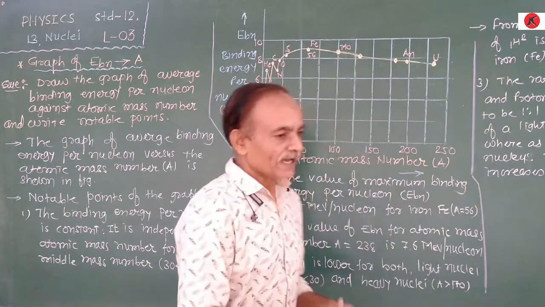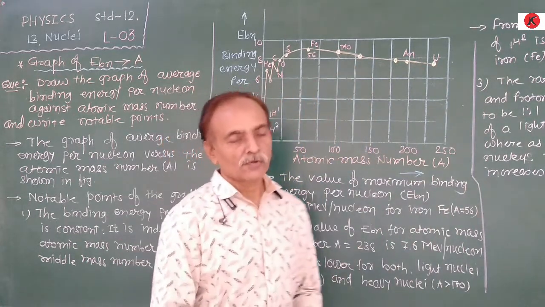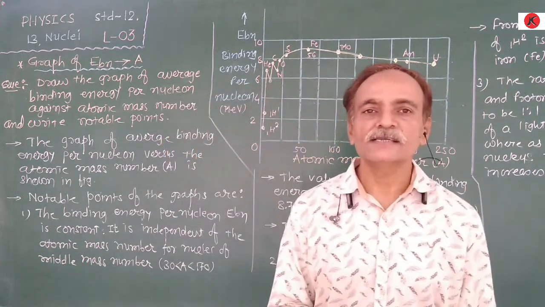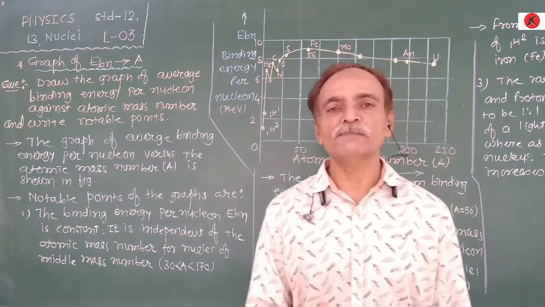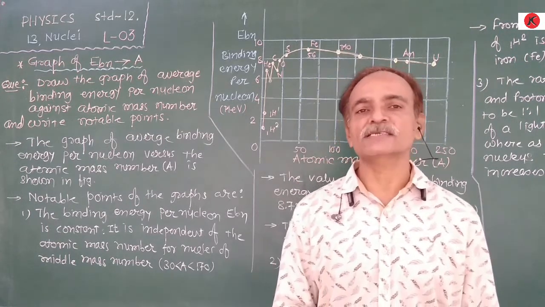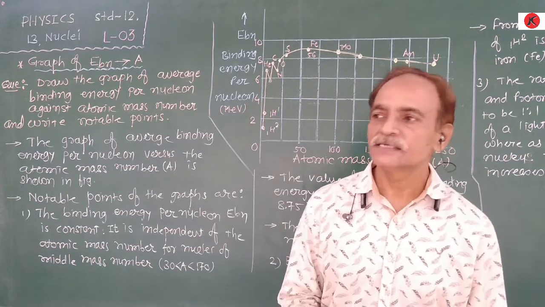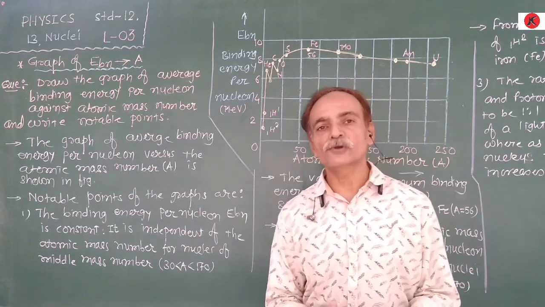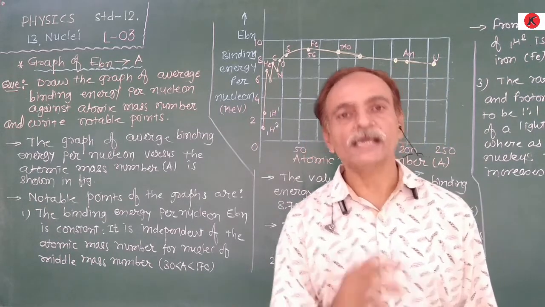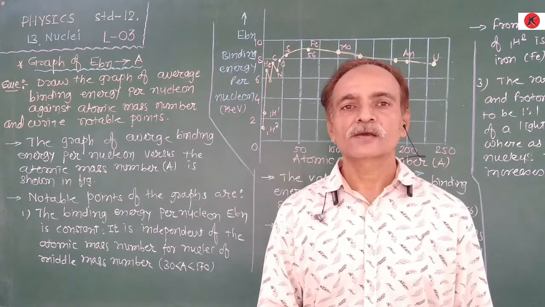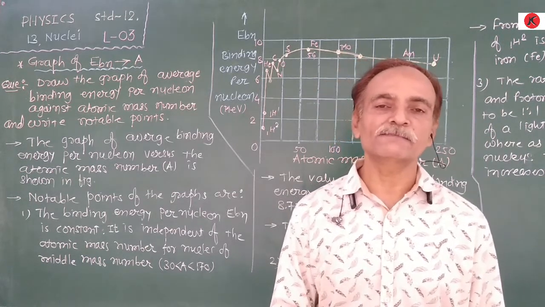Now, today we are going to discuss the relation between binding energy per nucleon and atomic mass number. That means the binding energy per nucleon for different elements. What is the value of binding energy per nucleon?